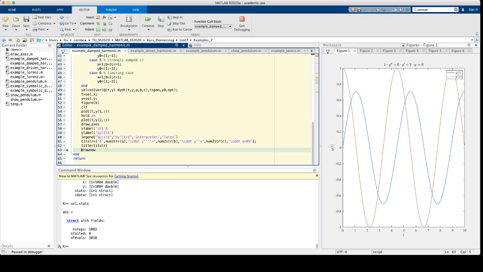So here we see the solution in blue and the velocity in red. This is an undamped harmonic oscillation.